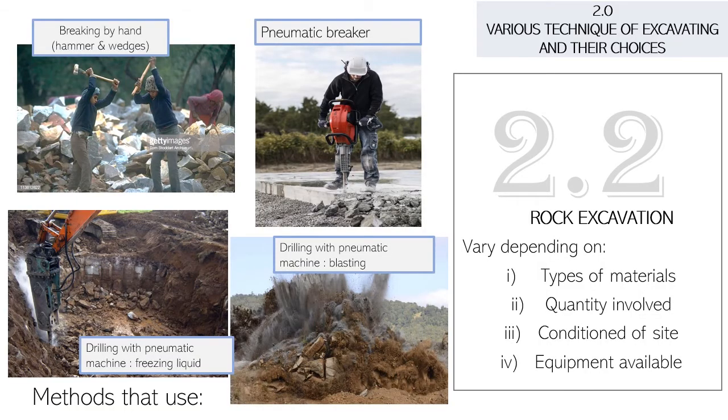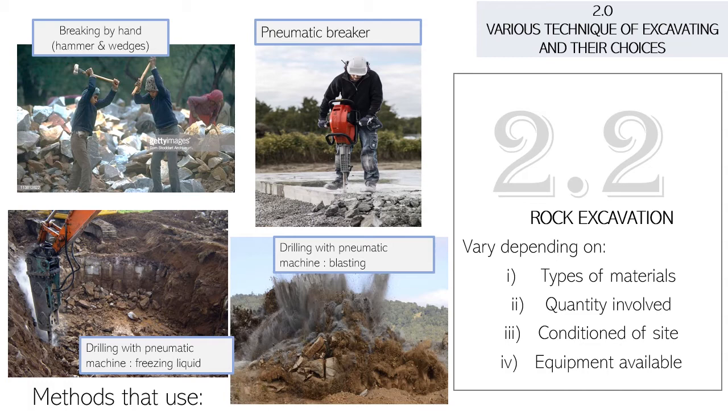The second technique of excavating is rock excavation. It depends on the type of material being excavated, the quantity involved, the condition of the site, for example, the size of the site or any adjacent building nearby, and the equipment available.